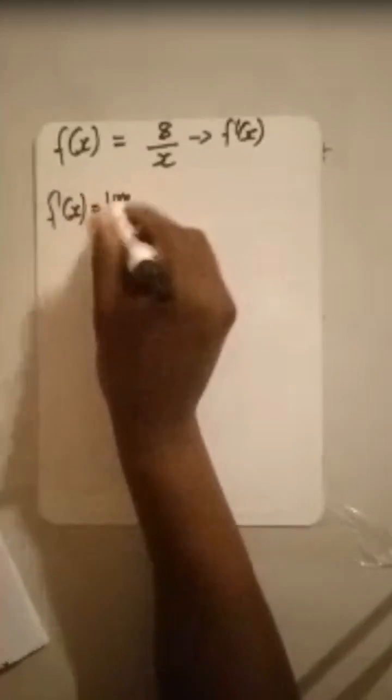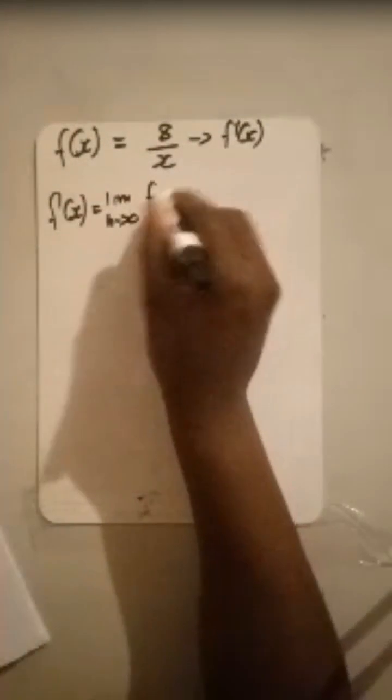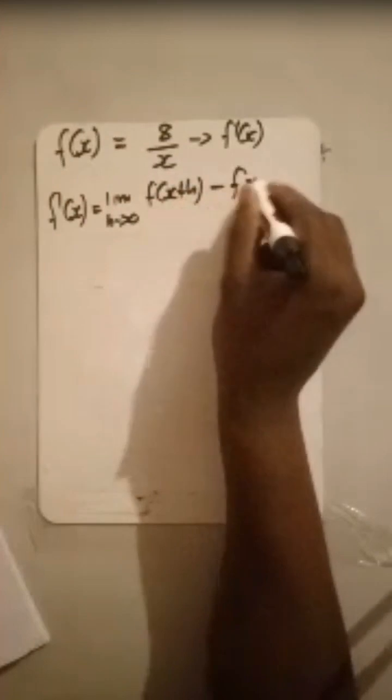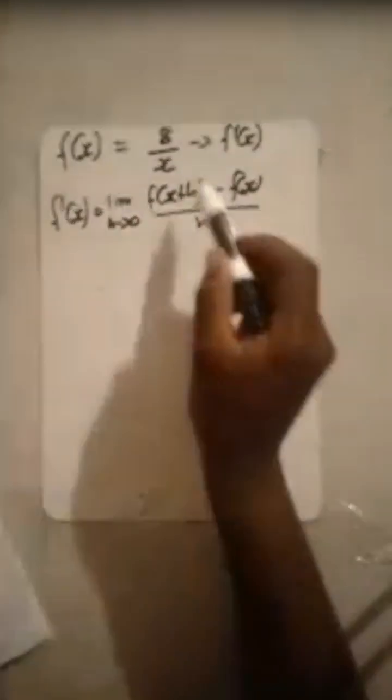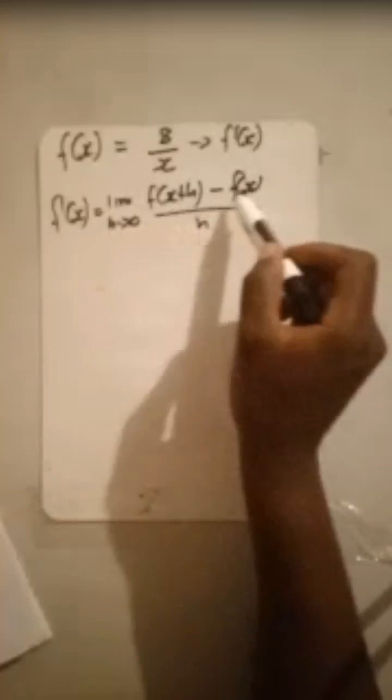Limit h tends to 0, right? From there, we have f of x plus h minus f of x over h. So in this case, guys, I would urge you to extract f of x plus h minus f of x, the whole of it.